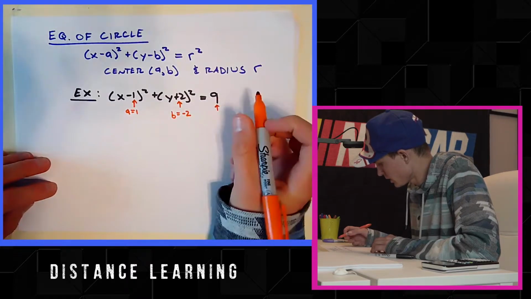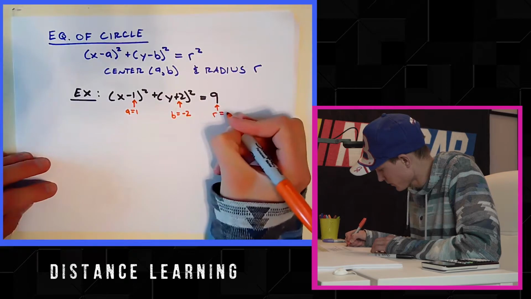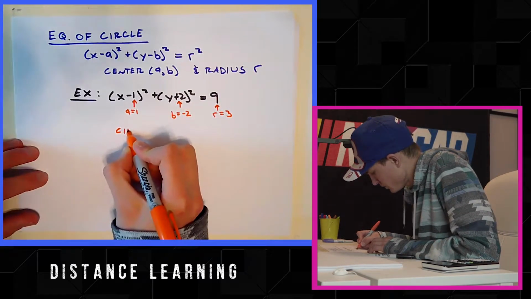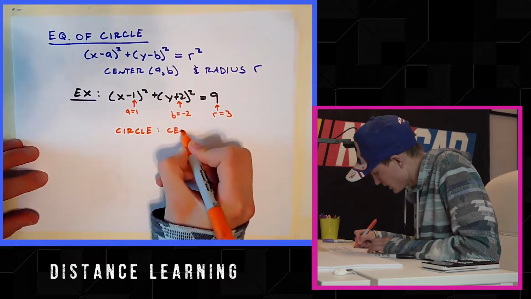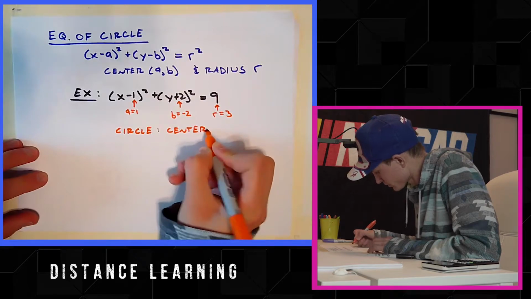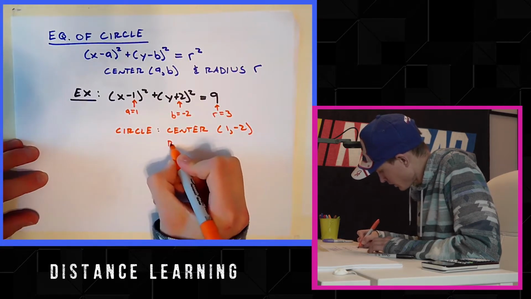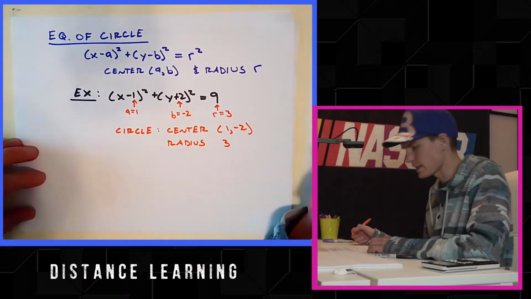And here, r squared, 9 is 3 squared. That means r is 3. That means this is a circle with the center at (1, negative 2), with a radius of 3.